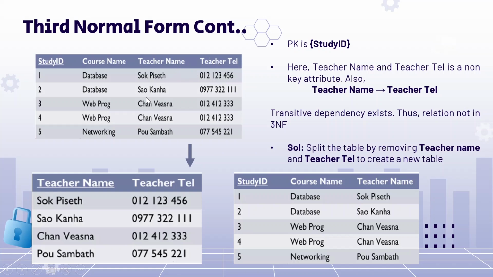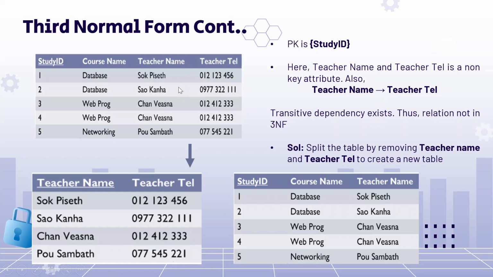That means for any same value of teacher name, the teacher telephone number is also the same. Teacher name determines teacher telephone number here, but teacher name is a non-primary attribute. Also, teacher telephone number is a non-primary attribute. So a non-primary attribute determines a non-primary attribute. So there is a transitive dependency existing here, and it is not in 3NF form.